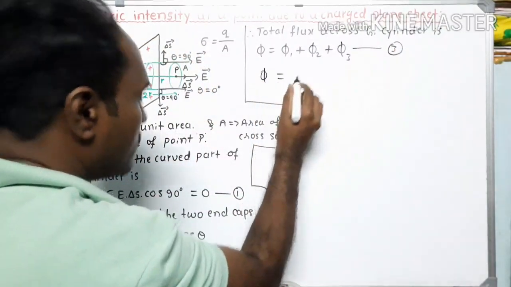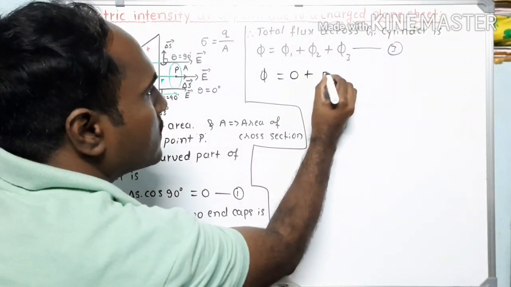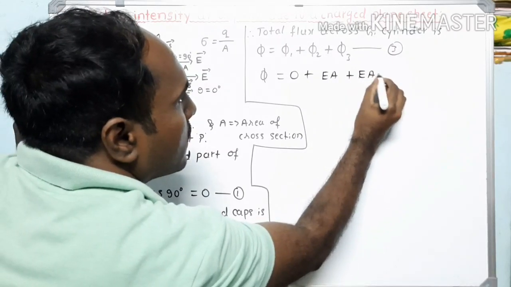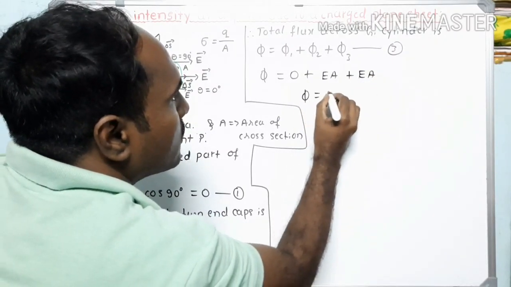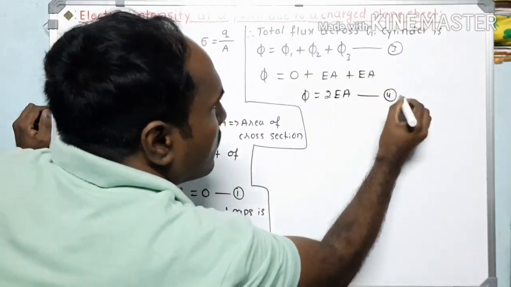Therefore phi is equal to phi 1 is 0, phi 2 is E into A, phi 3 is also E into A. Therefore total flux is equal to 2E into A, called it as equation 4.